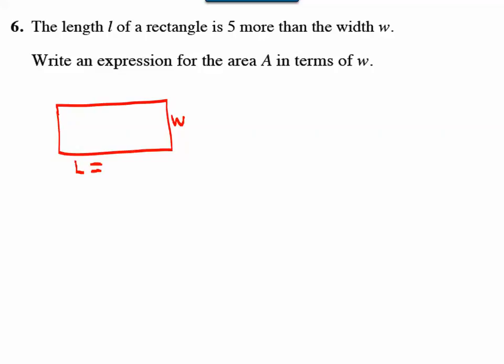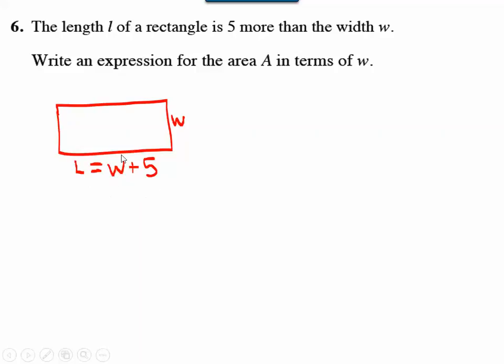Remember, more than, less than, those work backwards. So it's 5 over here at the end. 5 more than something, it's more than the width. And so we got it. The length is 5 more than the width.